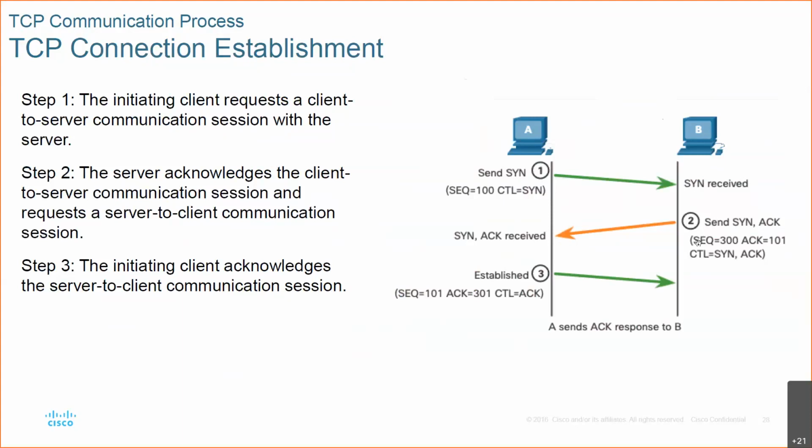If, let's say, the sequence for that acknowledgement is 300, then the client will acknowledge that sequence. After this three-step handshake, you can start exchanging data. Very simple, okay? This is how a TCP connection is established.